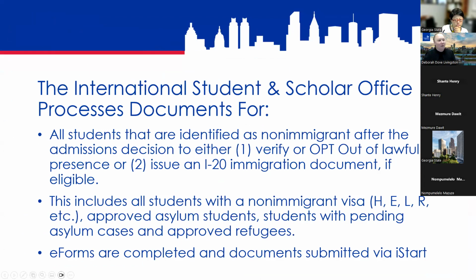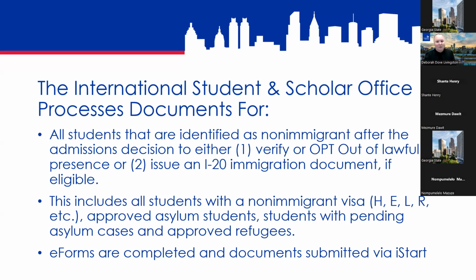So again, thank you all for attending today. My name is Deborah. I am the Senior International Student Advisor for the International Student and Scholar Office at Georgia State University. Our office primarily works with students after the admissions decision to prepare the I-20 immigration document for the student to travel to the United States to study.